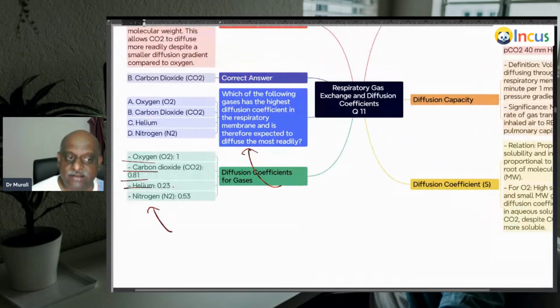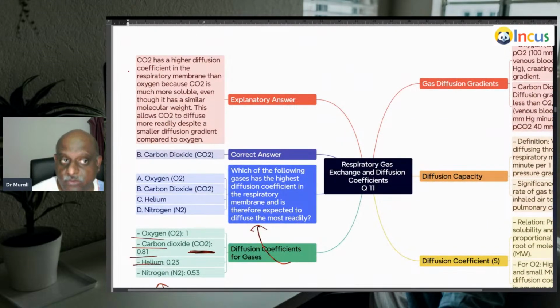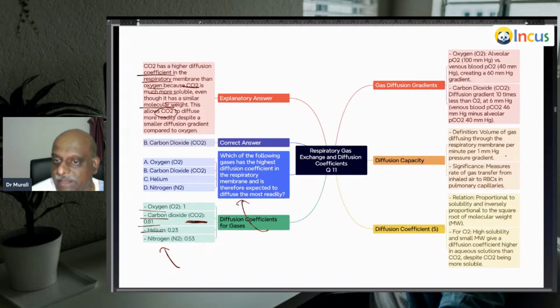CO2 typically has a higher diffusion coefficient in the respiratory membrane than oxygen, because CO2 is more soluble even though it has similar molecular weight, and that will allow CO2 to diffuse more readily despite a smaller diffusion gradient compared to oxygen, is what you need to remember.